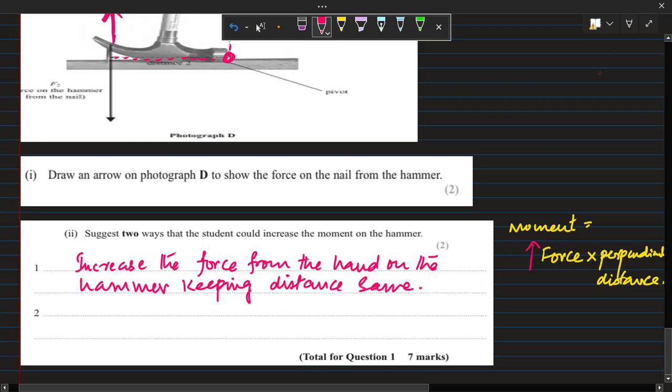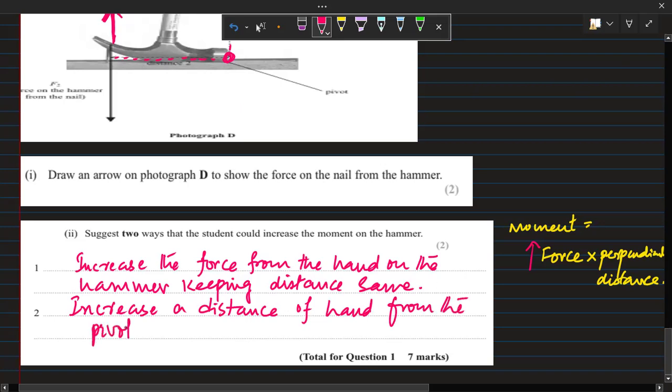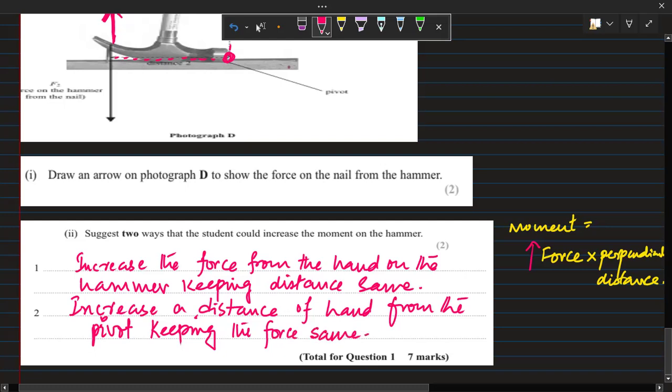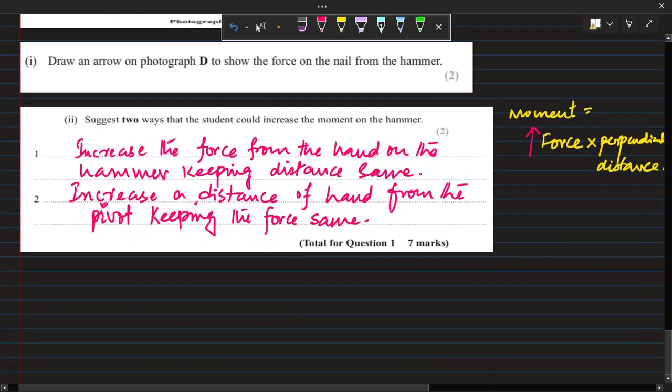Or you can say, increase the distance of the hand from the pivot, keeping the force the same. Okay, right? So I hope that this concept is clear.